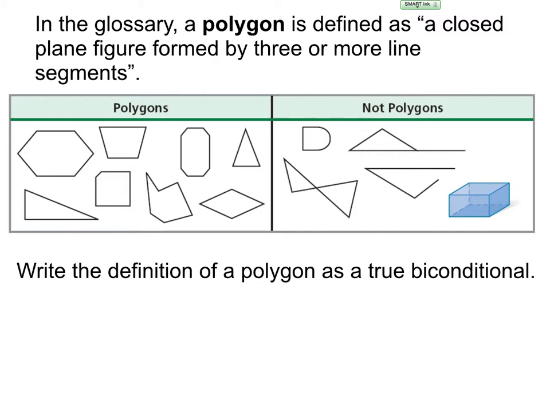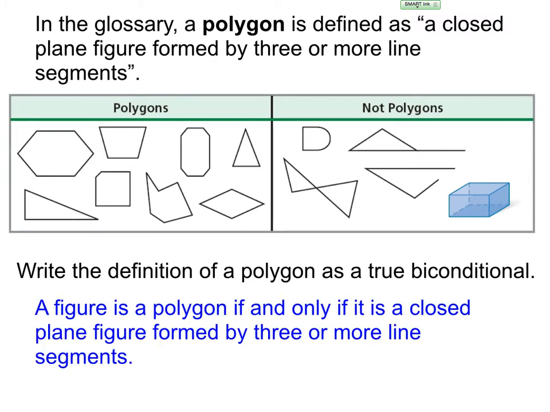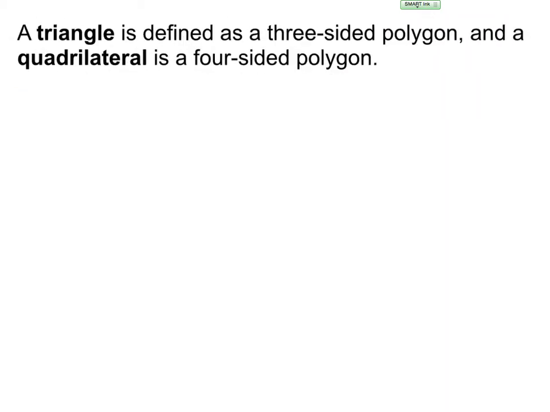Shay. A figure is a polygon if and only if it is a closed plane figure formed by 3 or more line segments. All right, so you will need to know that definition as we get into a later chapter.